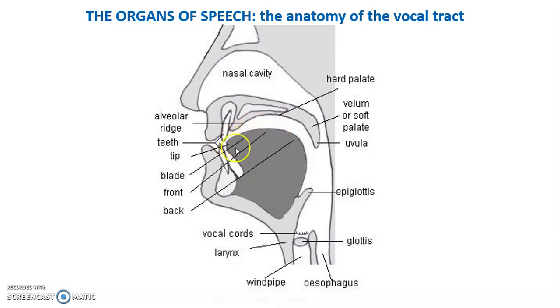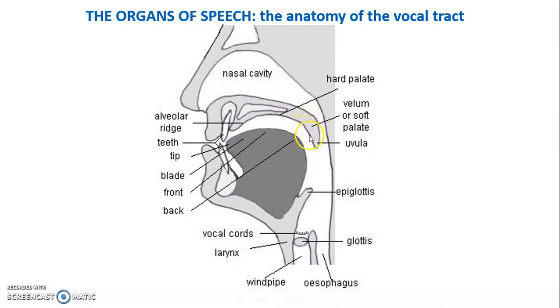We can identify different parts in the tongue for descriptive purposes. Tip of the tongue, the blade of the tongue lies across the alveolar ridge, front of the tongue lies across the hard palate, and the back of the tongue lies across the soft palate.